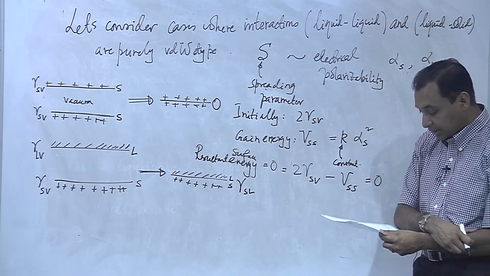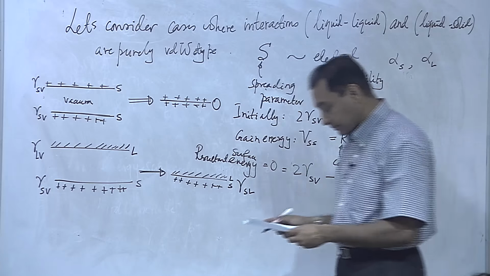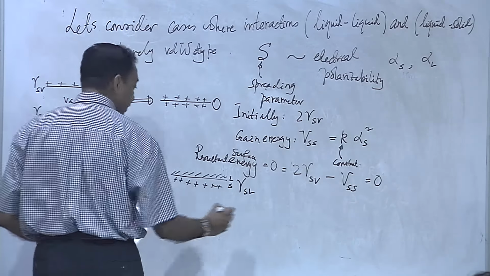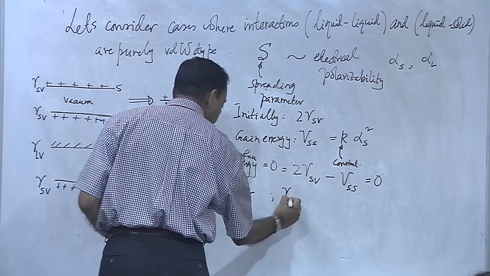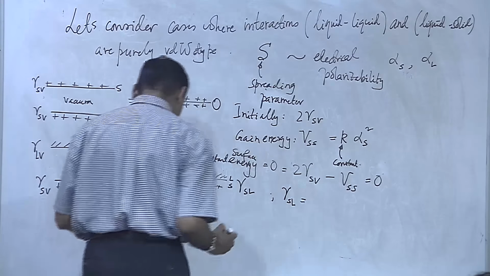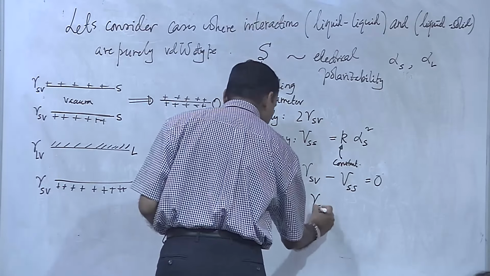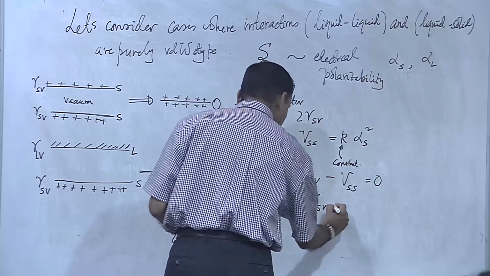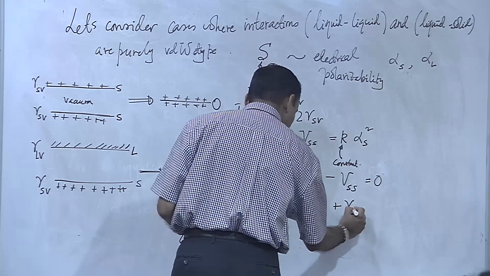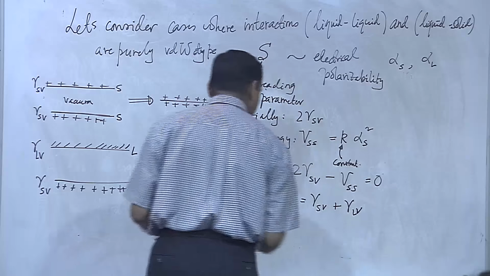So, I can write this again as gamma SL, the resultant energy, is equal to gamma SV plus gamma LV, that is the initial energy.